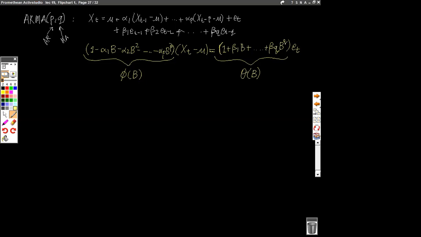But what happens with the MA process is the opposite. The ACF of the MA process after Q is 0, but the PACF keeps declining geometrically.